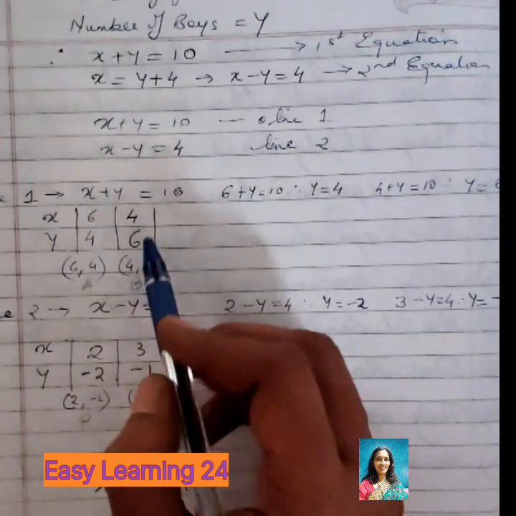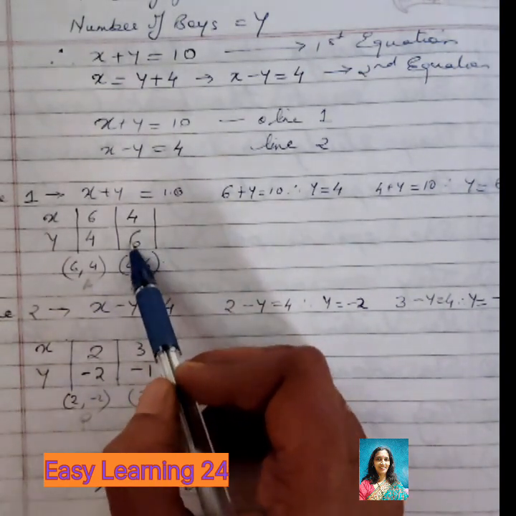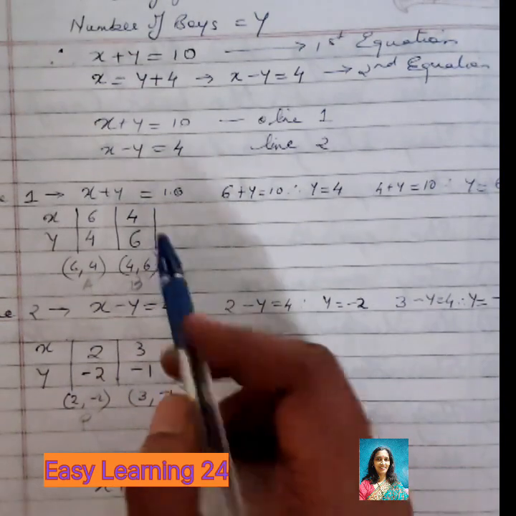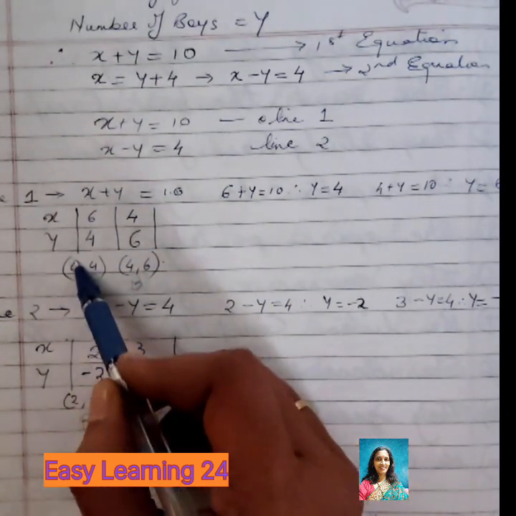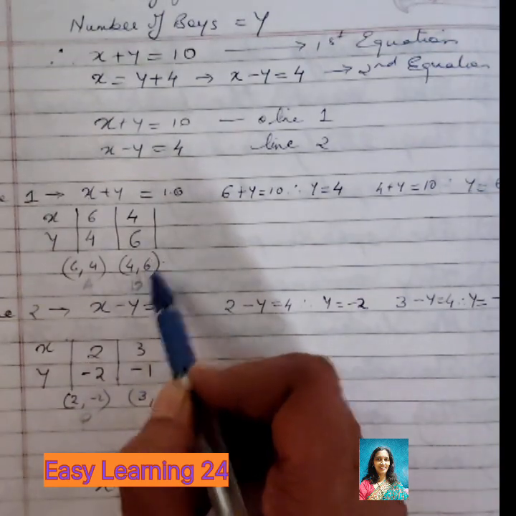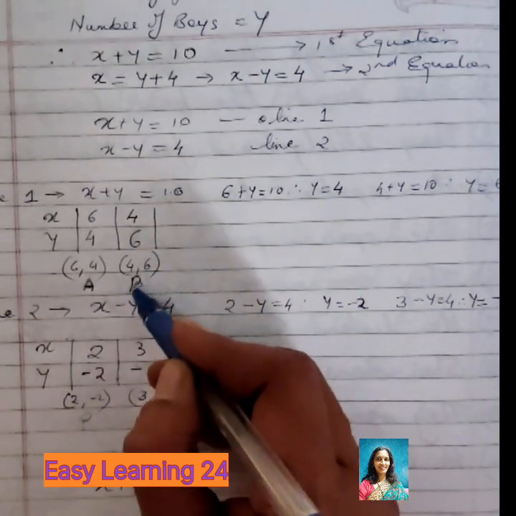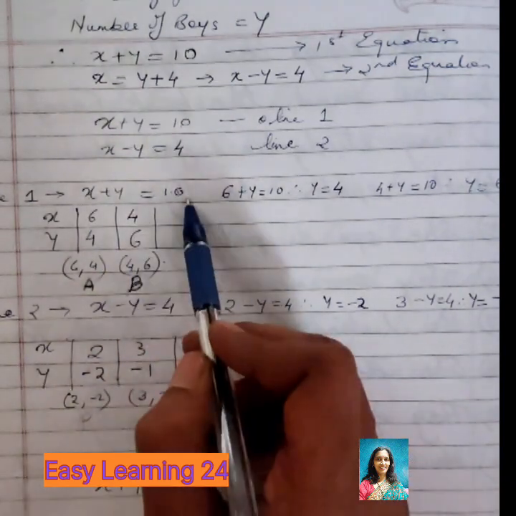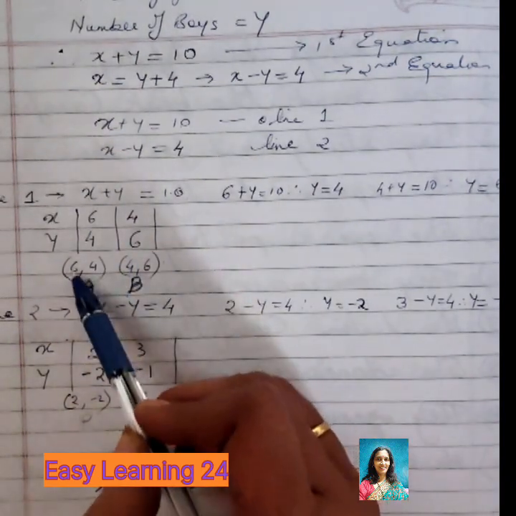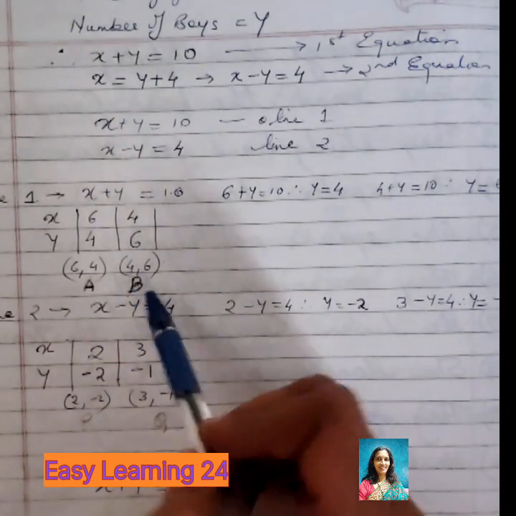So the second point has number 6 on the y-axis, okay. So one point is 6 and 4 and the second point is 4 and 6. So we'll consider this as point A and point B on this line. So 2 points on these lines are 6, 4, that is point A, and 4, 6, that is point B.